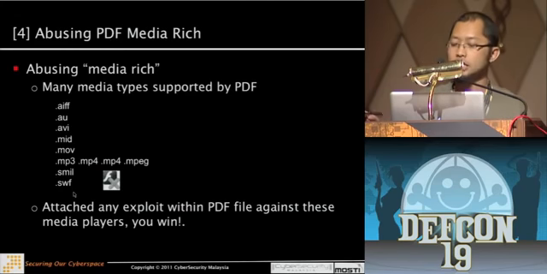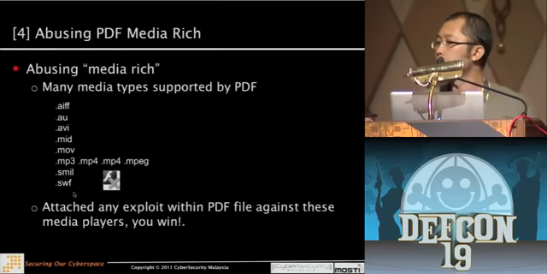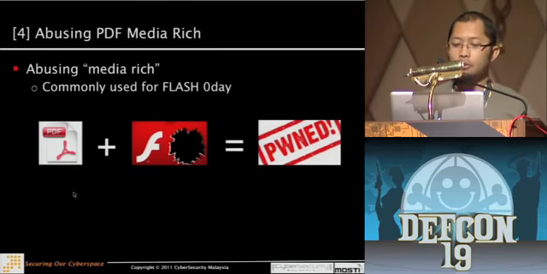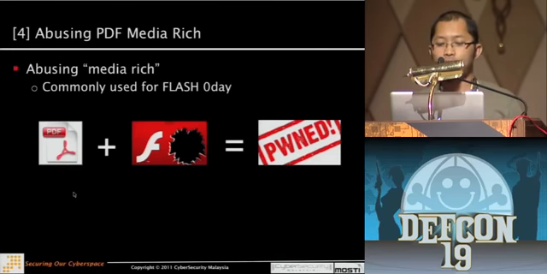If you attach any exploit within the PDF file against this media player, well, you normally win, because people are not really suspicious to click on a PDF rather than clicking on an MP3 or .mov that comes over your email or something. Okay, and normally the PDF is used against a Flash 0-day.